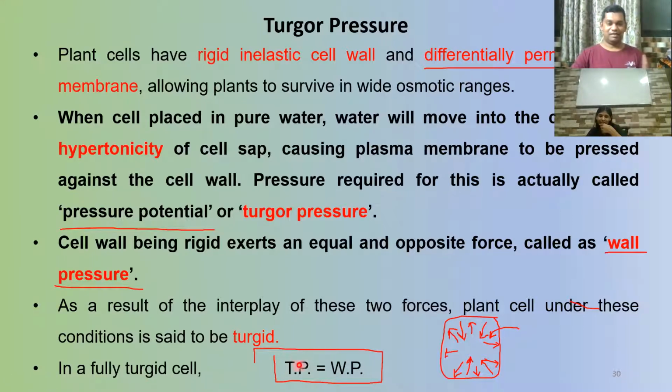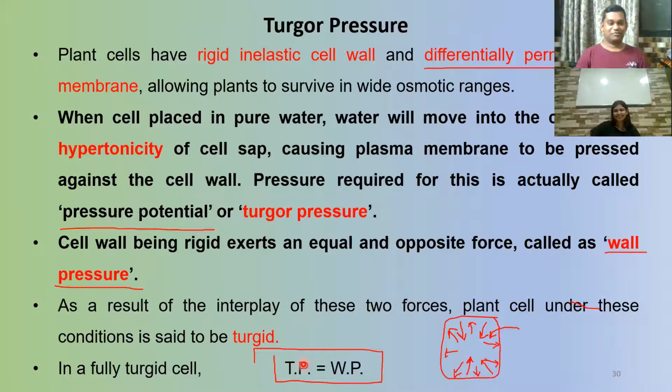If TP is greater than WP, the cell swells and bursts. If TP is less than WP, what will happen? Imagine the situation when you have taken a balloon before blowing the air into it. How was it? Very shrunken.